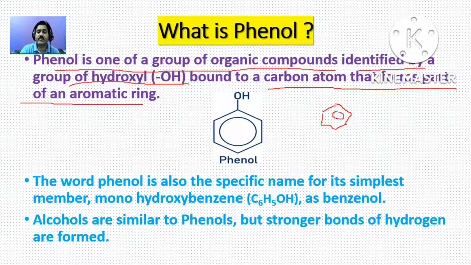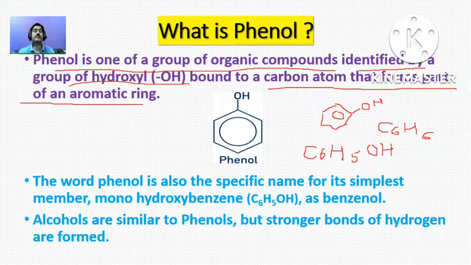It is the benzene ring, with the formula C6H6. If one hydrogen atom is removed and we add OH, then it forms phenol. Phenol is represented by C6H5OH. That is the simplest phenol.